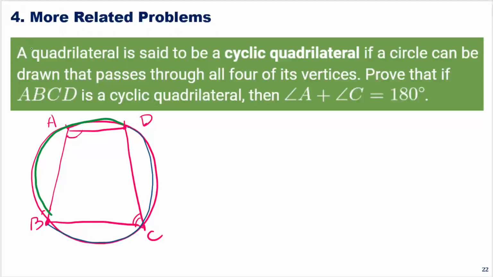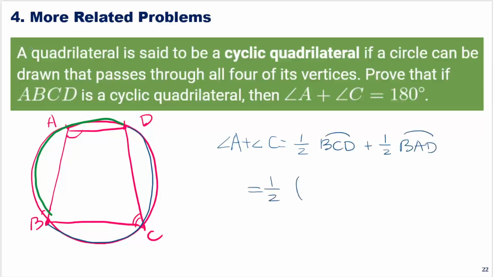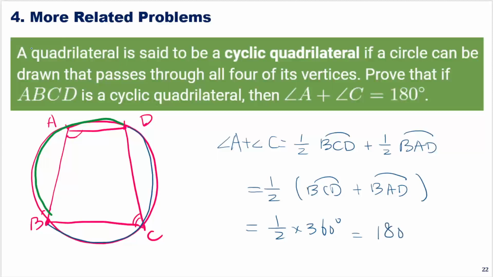So we could prove this like that. We have angle A plus angle C is 1/2 of arc BCD plus 1/2 of arc BAD, right? This leaves us 1/2 of arc BCD plus arc BAD, and then we know the sum of these 2 arcs is just 360 degrees, so that equals 180 degrees.